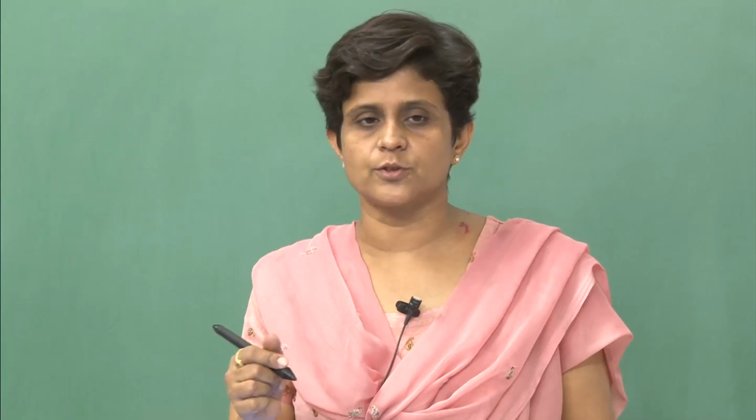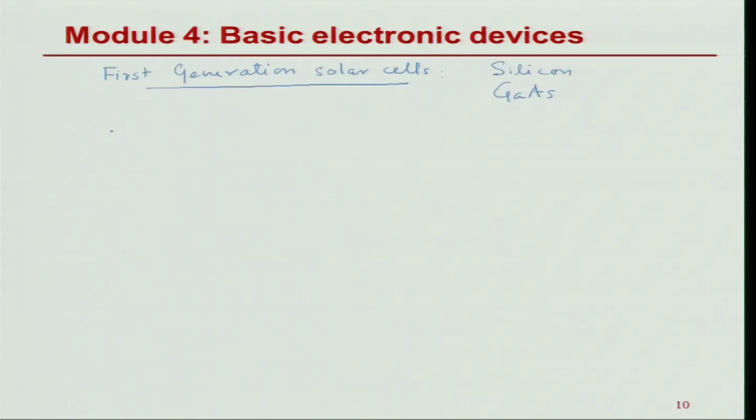But the problem with those solar cells was that the space programs could afford them, but for utility the cost is too high, and hence the driving force in the development of photovoltaics has been to reduce the cost. So, then came the second generation solar cells, and here it was not to increase the efficiency, it was mainly to reduce the cost.